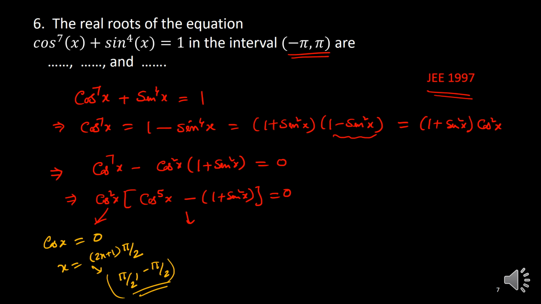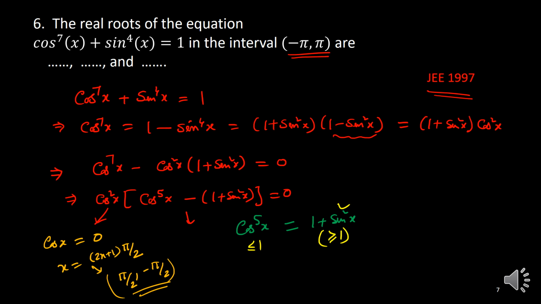Now consider the next one. The next one is cos to the power 5x equals 1 plus sin square x. Now you can see on the right hand side, easily, that this is always more than or equal to 1, because sin square x is positive. But the left side is always less than or equal to 1.